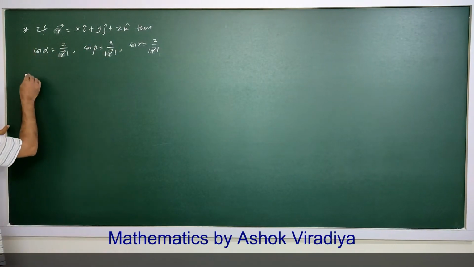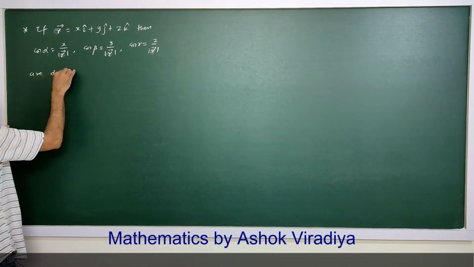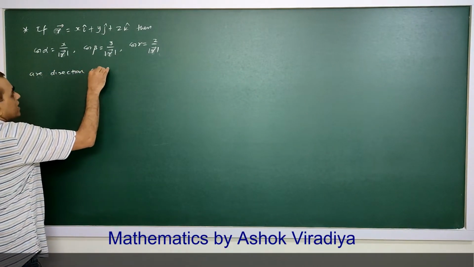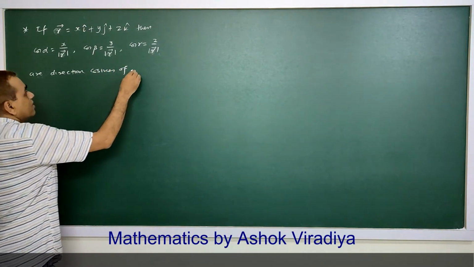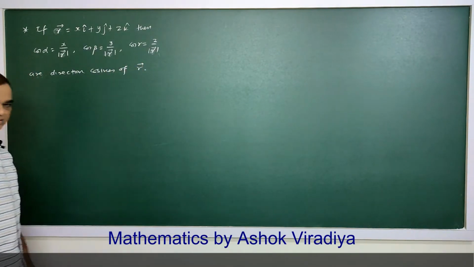So these are the direction cosines of vector R bar.